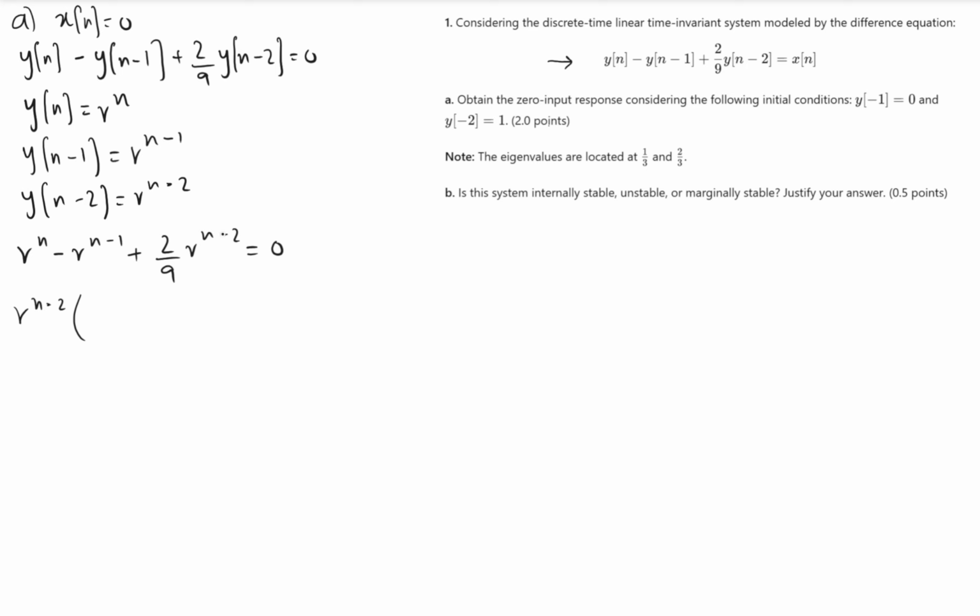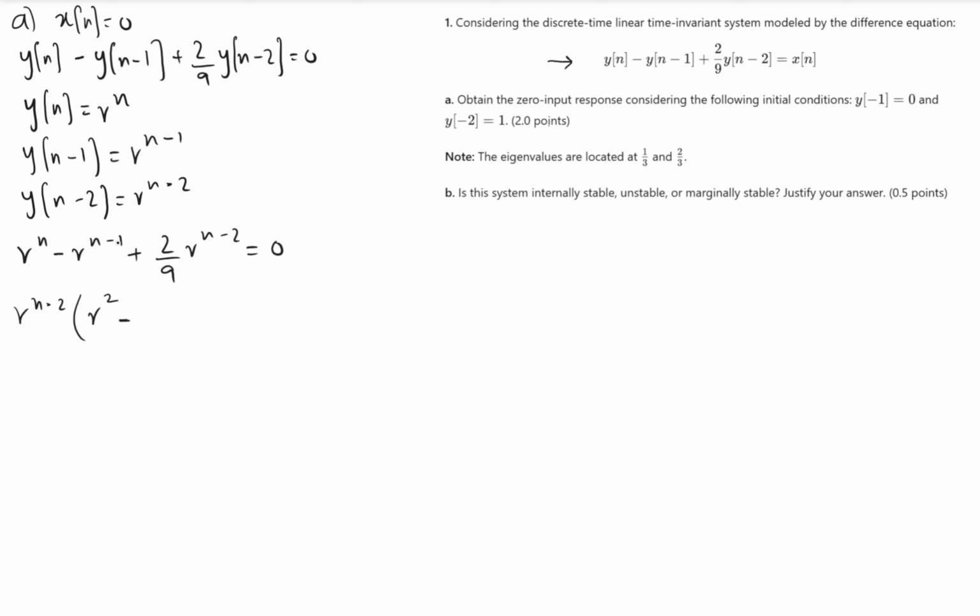Because I'm taking n minus 2 common, I write this as r to the power 2, since I'm adding 2 to every power.